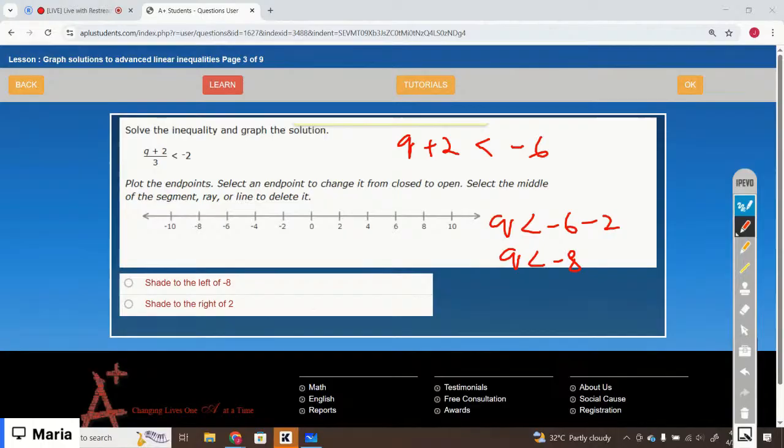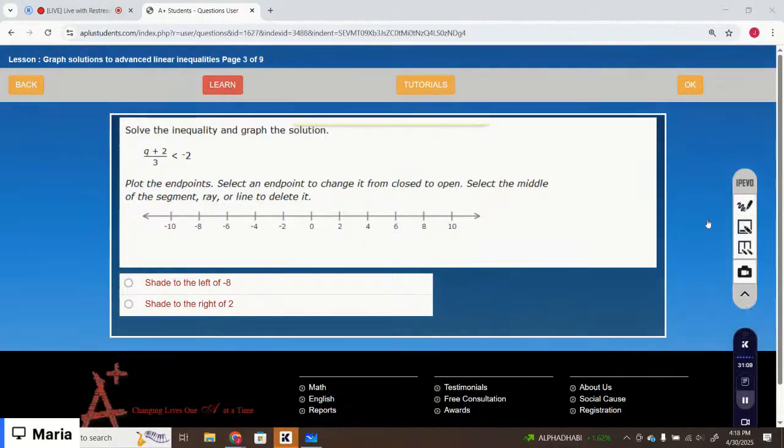So shade to the left of negative 8. Option number 1 is the correct option.